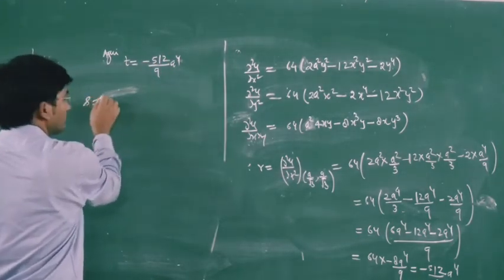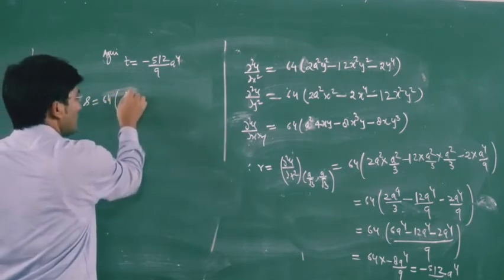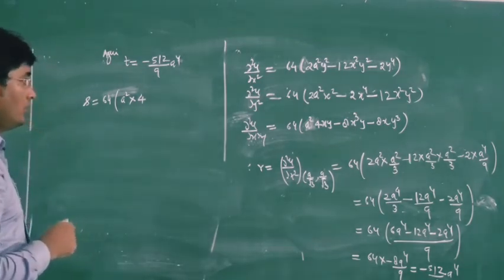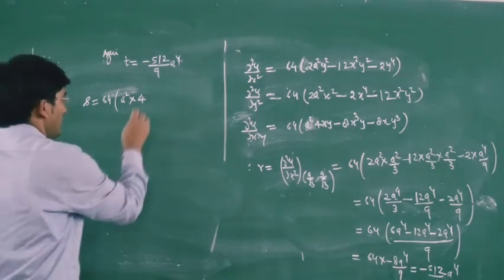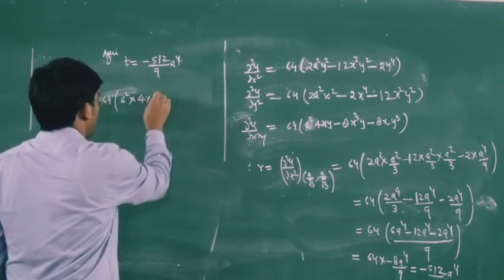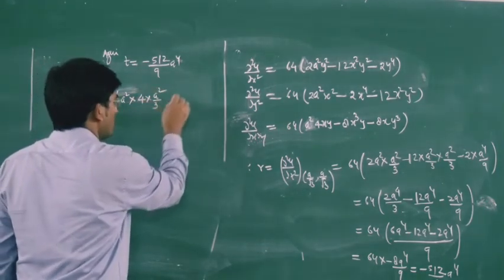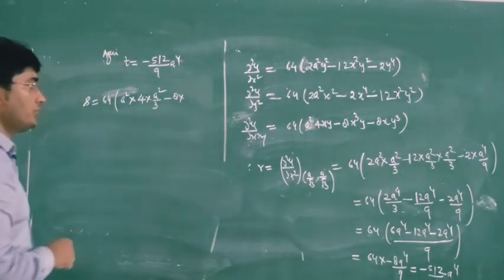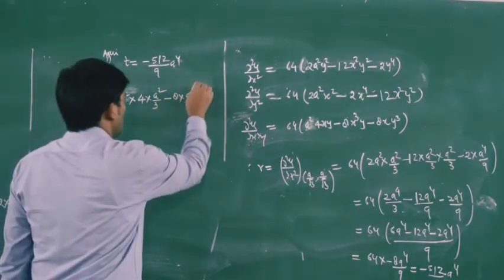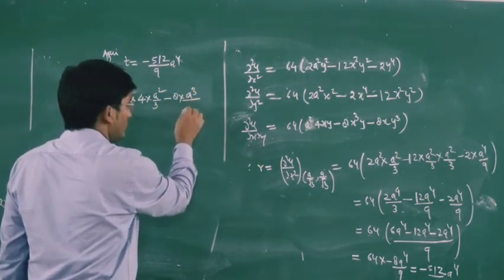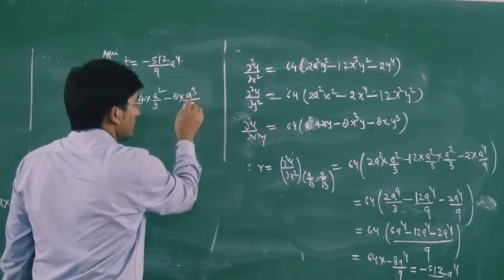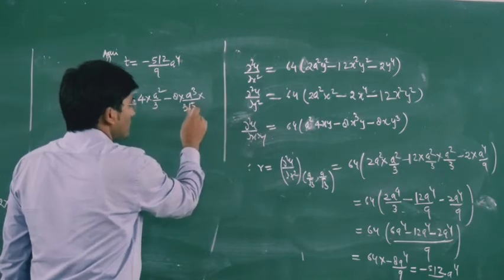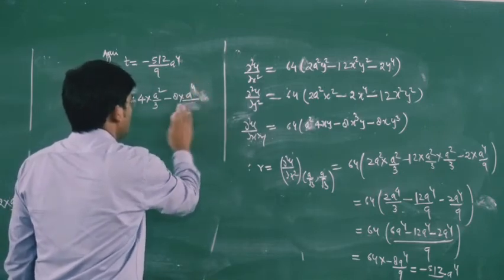And your s will be 64. Then we have a² into 4 into x, a by root 3 into a by root 3, so this will be a² by 3. Then we will have 8x³. x³ will be a³ upon 3 root 3 into the value of y. y is a upon root 3, so this will be a⁴ upon 9.